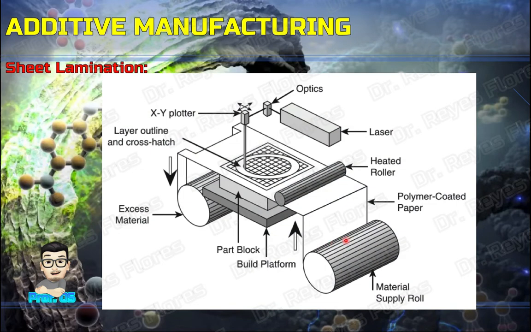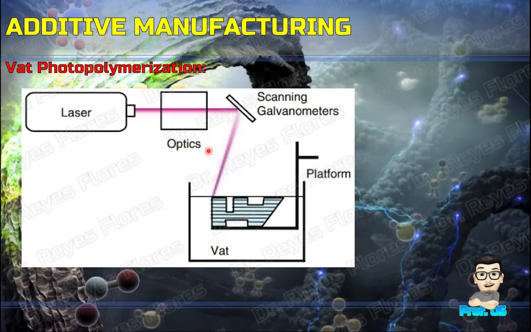Here I'll show you the sheet lamination. The sheet lamination is an additive manufacturing process in which sheets of material are bonded together to form an object. Vat photopolymerization is an additive manufacturing process in which liquid polymer in a vat is selectively cured by light-activated polymerization.